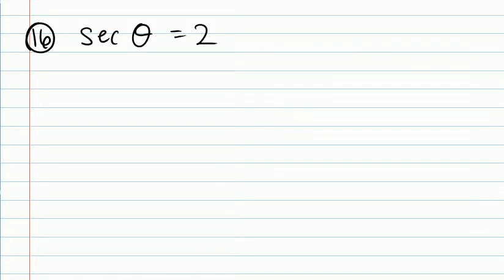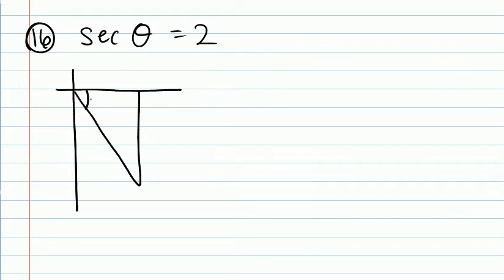So let's draw our triangle. So secant is r over x. So in this case, r over x is 2 over 1. So the radius is 2, x is 1, which tells us that y is negative square root 3.